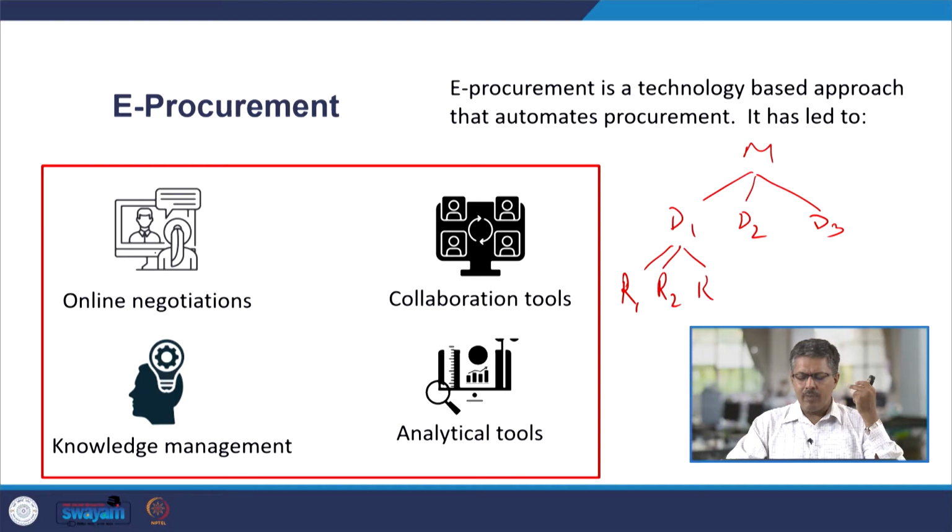Nowadays, through electronic data intelligence systems, you are able to understand how much sales has happened at the retailer's point, and that is reflected in the distributor also, and whatever changes are happening at the distributor's end get reflected in the manufacturer.